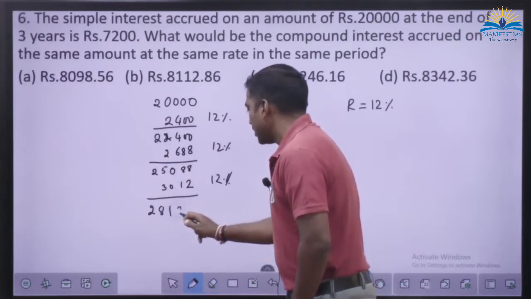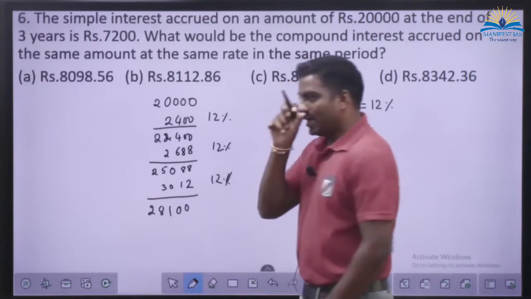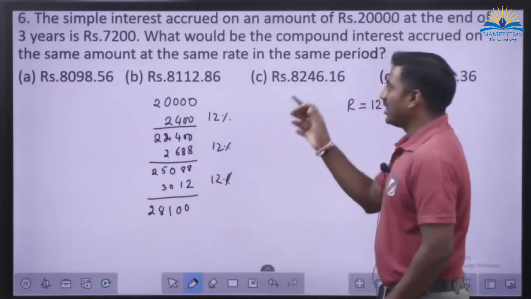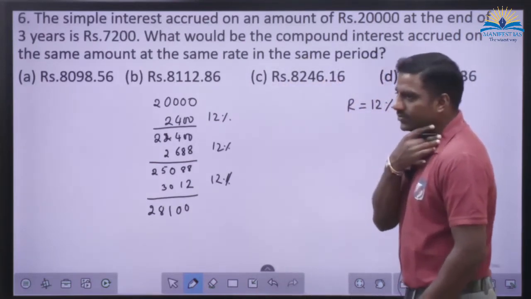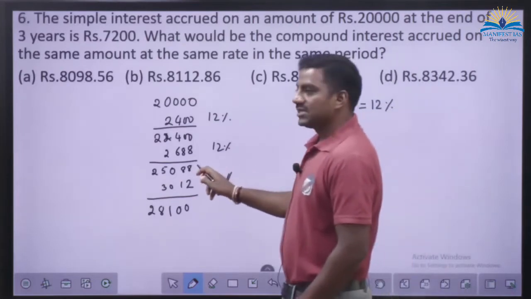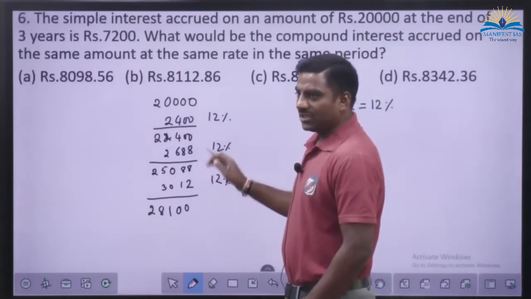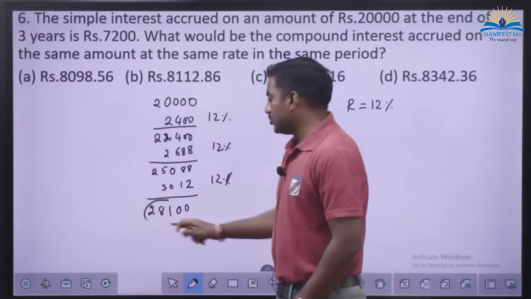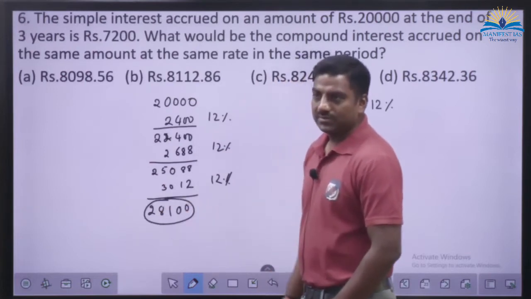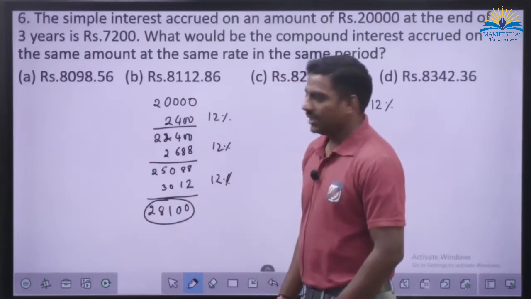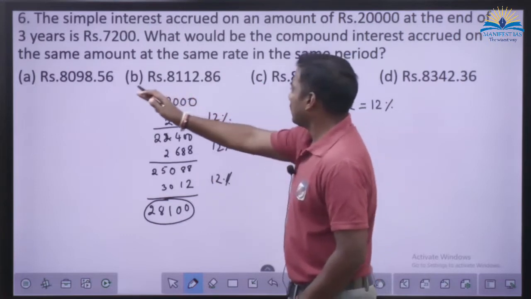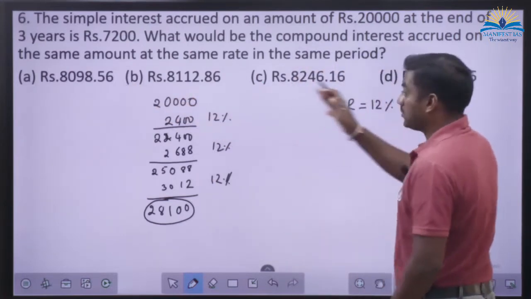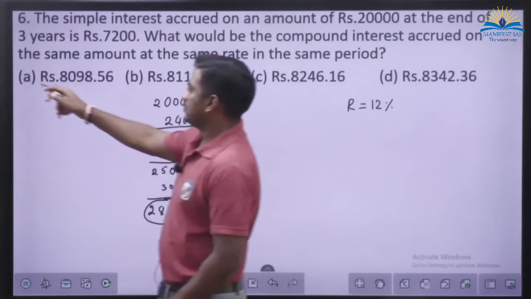Not accurate, approximate. Then you look at the answer options for the closest one. We have estimated this 100 and found 12%, but the actual amount is lesser than that, so our answer should be less than 28,100. This is the only option.